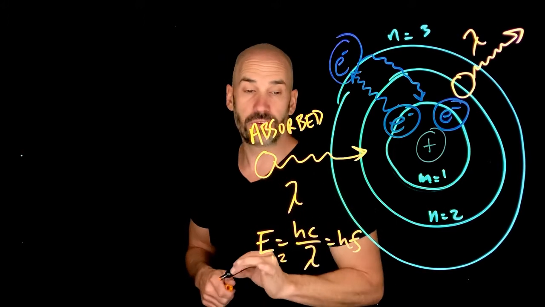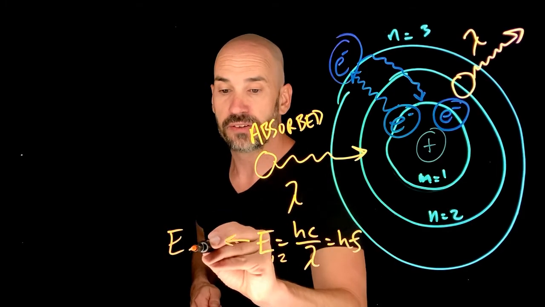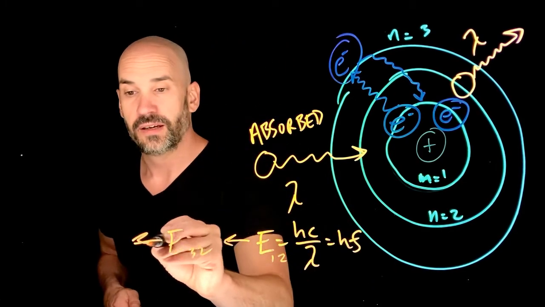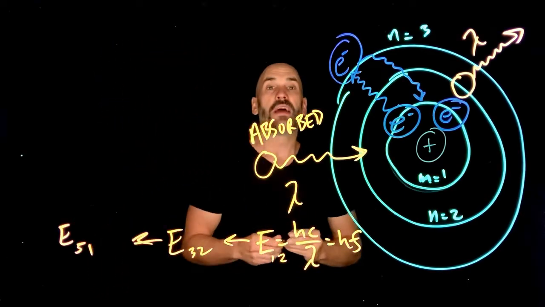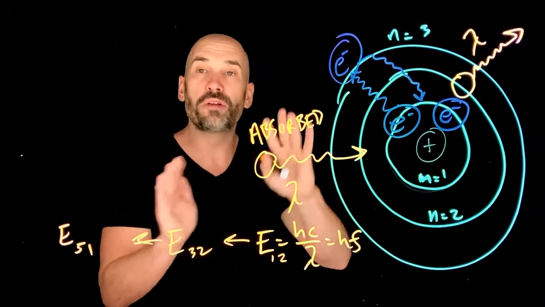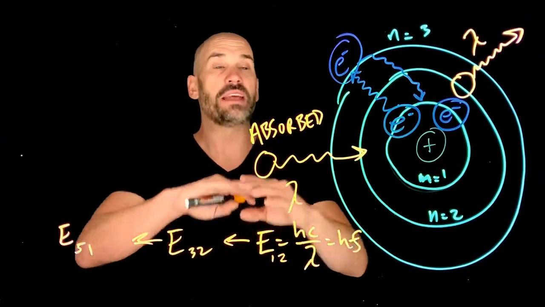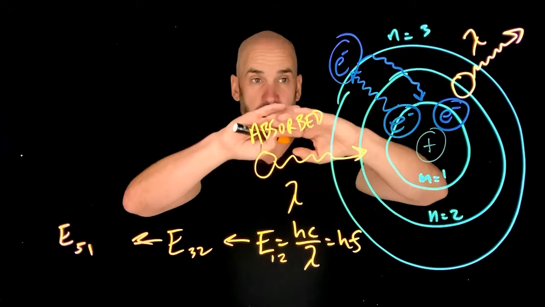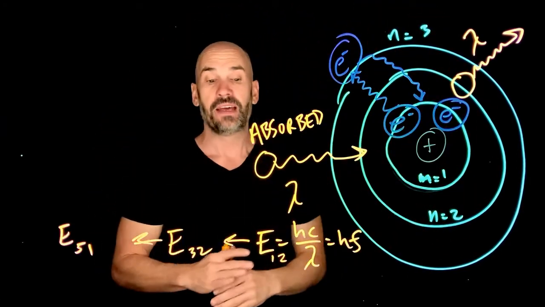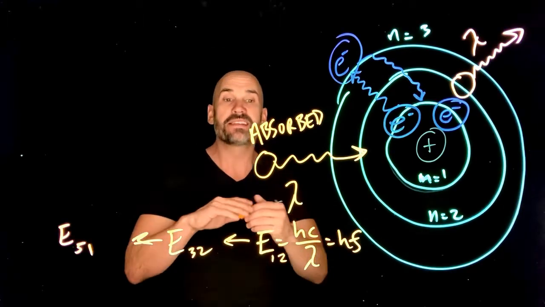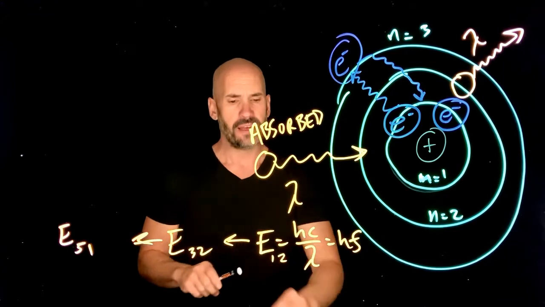It could be 1 and 2, 3 to 2, or 5 to 1, right? It'll absorb only those frequencies such that the energy differences are precise energy differences between orbitals inside that atom. And this set of frequencies is called the absorption spectrum, okay?